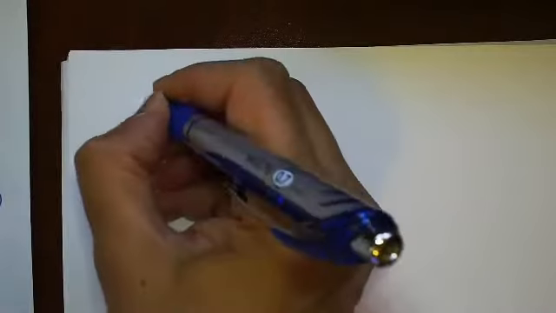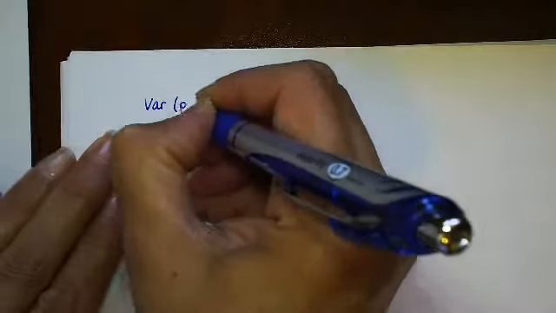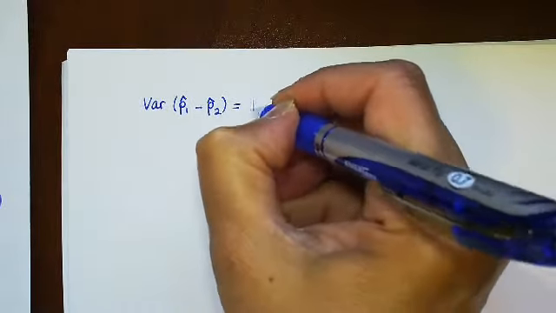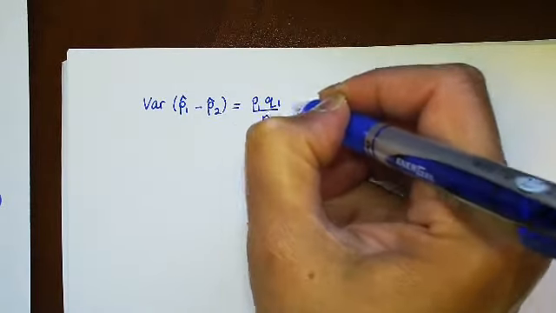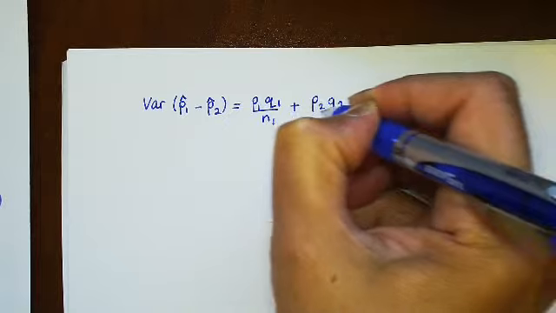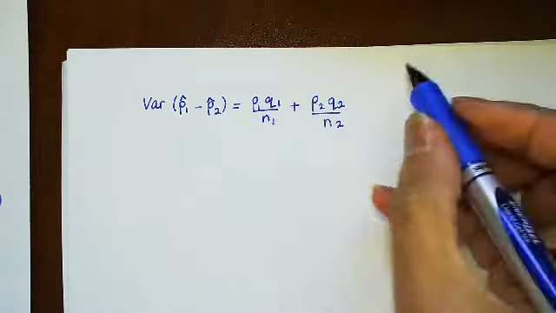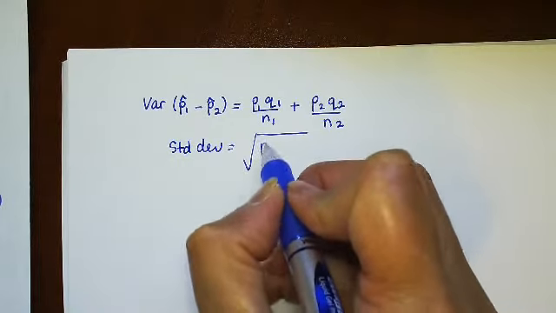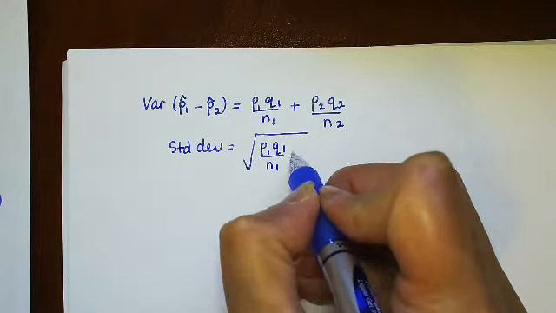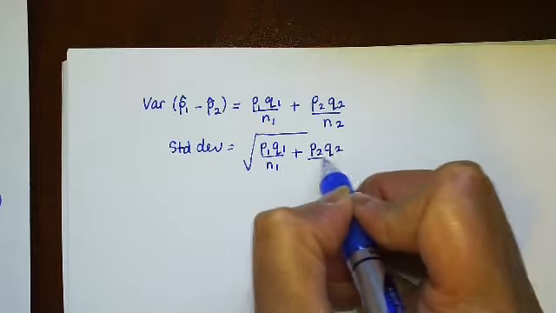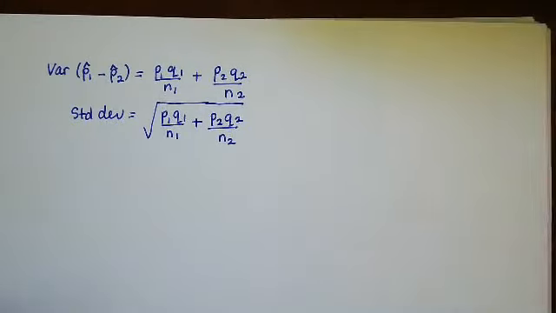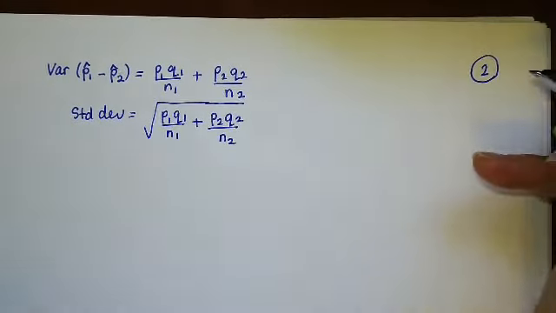And therefore, the standard deviation is equal to the radical of P1 Q1 over N1 plus P2 Q2 over N2.